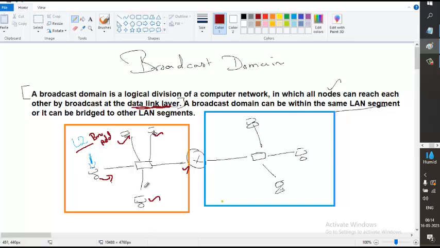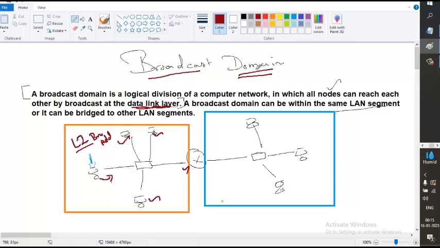When they are in different broadcast domains, they cannot receive it. If these are all receiving it, they are in a single layer 2 group. A single layer 2 group is technically called a broadcast domain. They're all in one group.